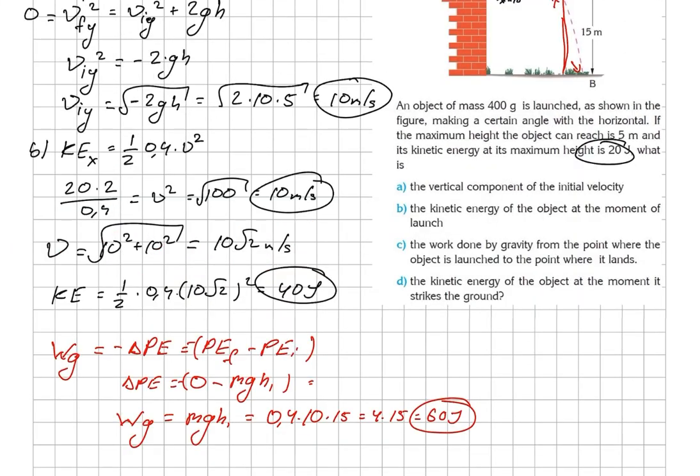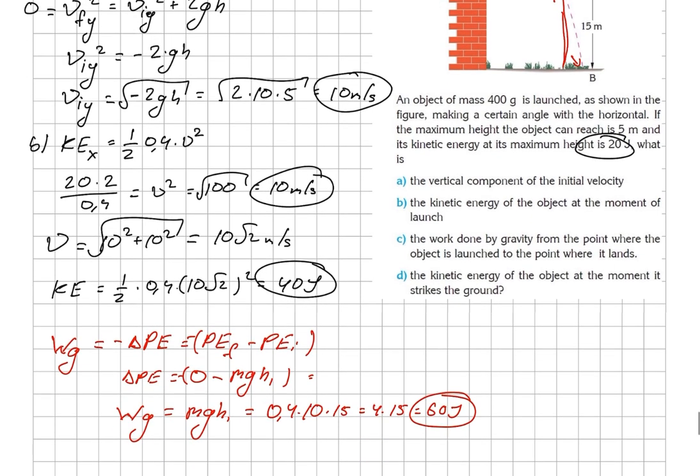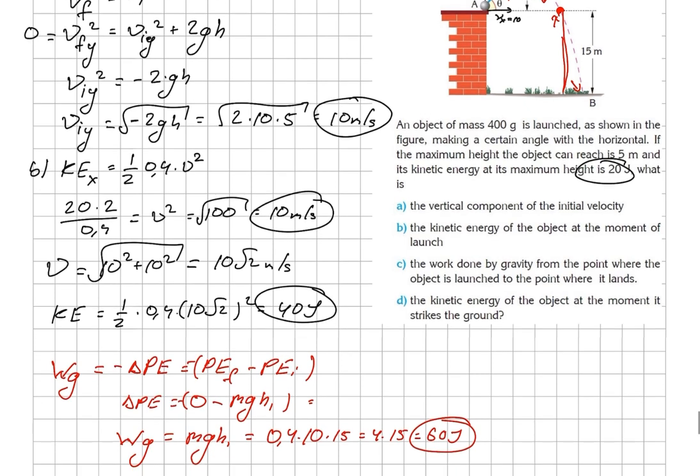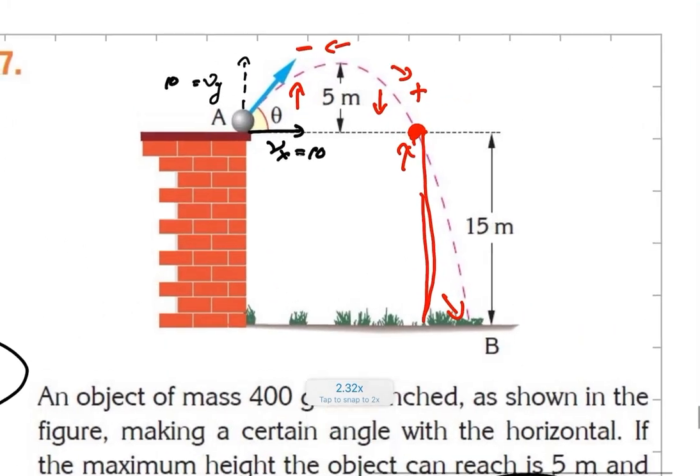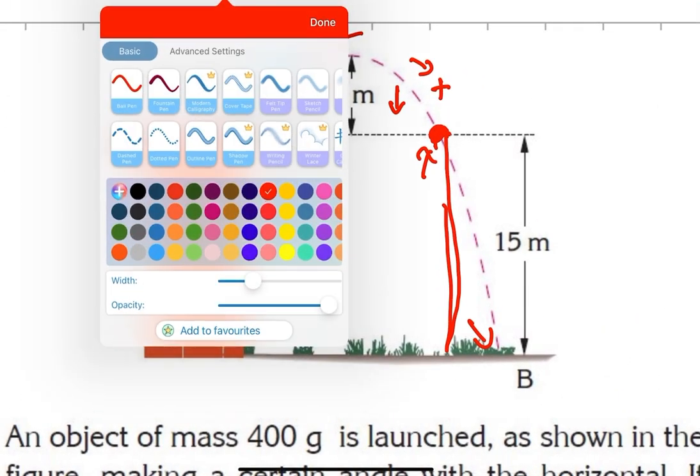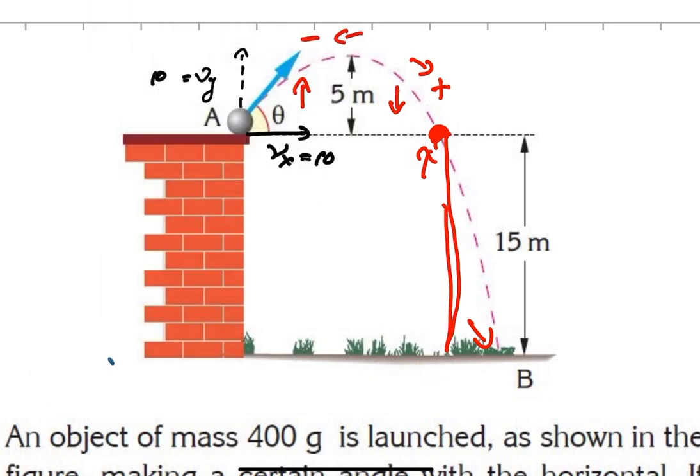Last question, the kinetic energy of the object at the moment it strikes the ground. Here we can apply the mechanical energy conservation law to get the total final kinetic energy. At the same level, potential energy is the same, meaning the potential energy at this point, which is 60 joules, is the same at this point too.